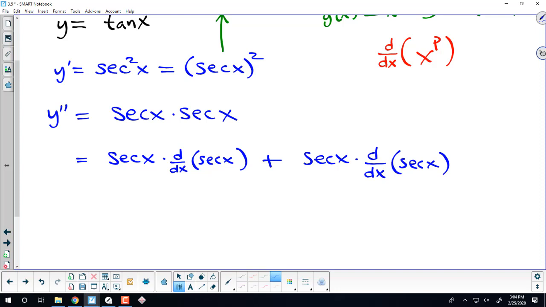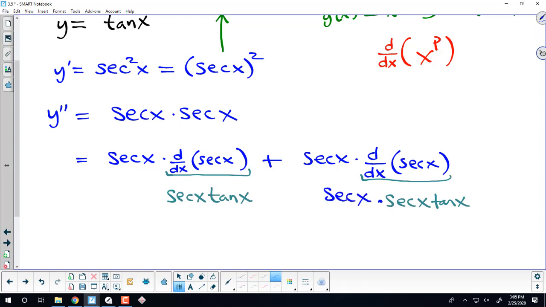And the derivative of secant would be what? Secant times tangent, right? So that's secant tangent. Same thing with this one: secant tangent. Those are multiplied by our secants here, this secant and this secant.